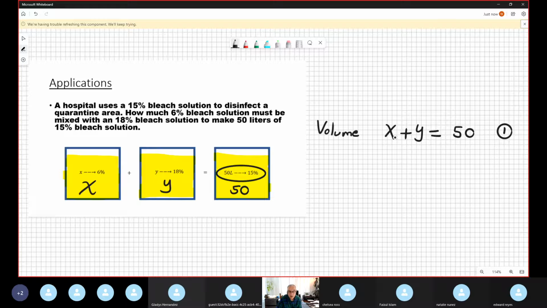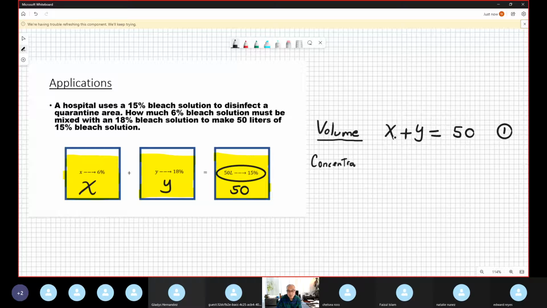Look at the organization: by row the category is volume, and the column, sorry, is the unknown, the variable of our problem, no? Another category I see in the problem is the concentration, no?